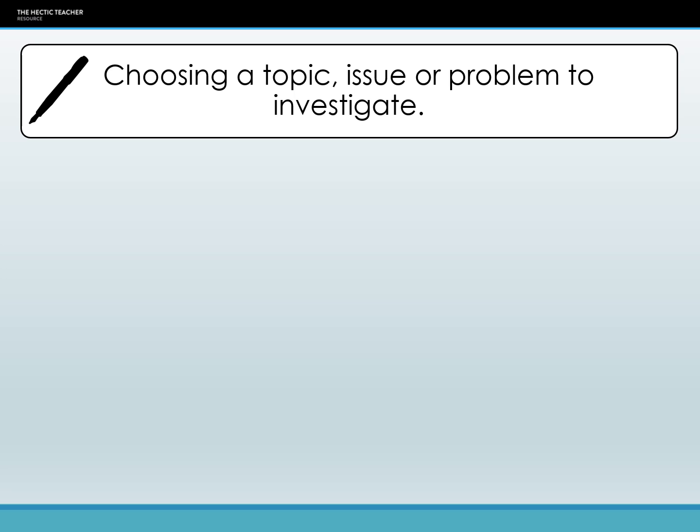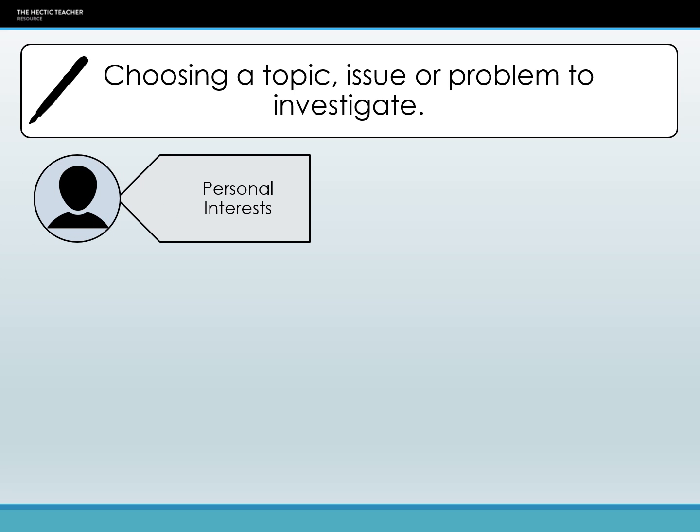But researchers have to consider a number of factors when choosing what their research is going to be on. The first being their own personal interests. Research can be quite all-encompassing. It can take over. And sociologists or researchers in general really aren't going to take on a piece of research if they haven't got an interest in that particular area.